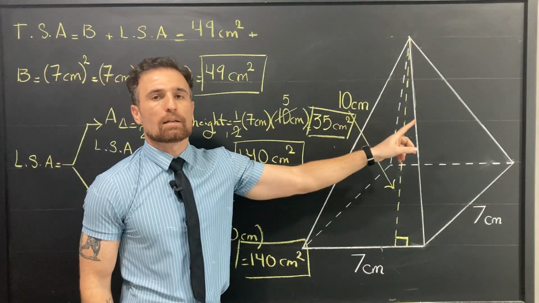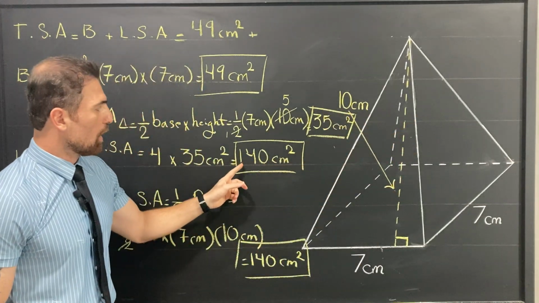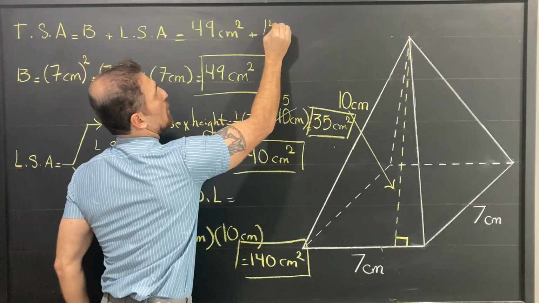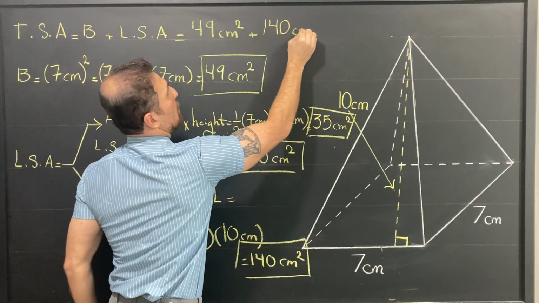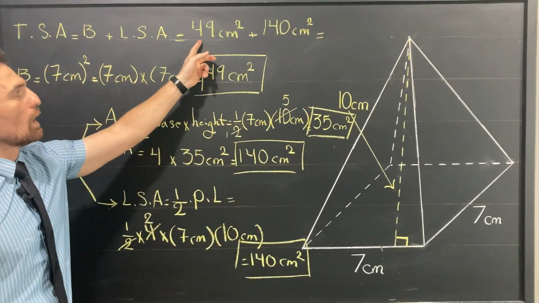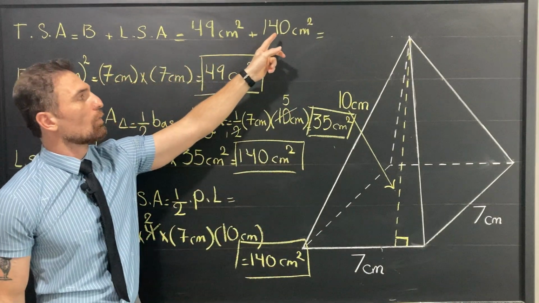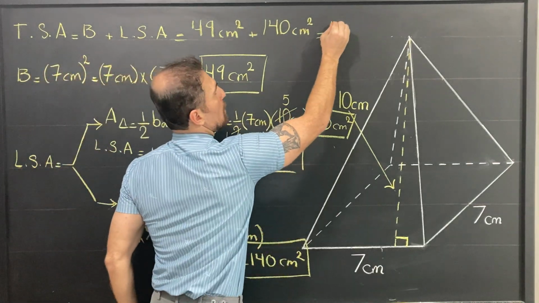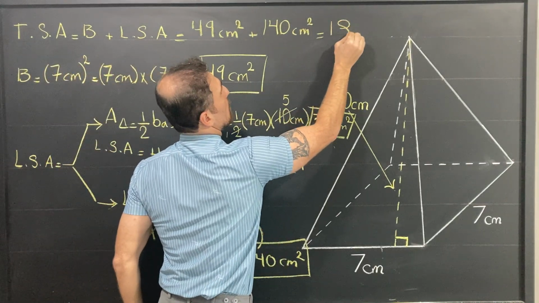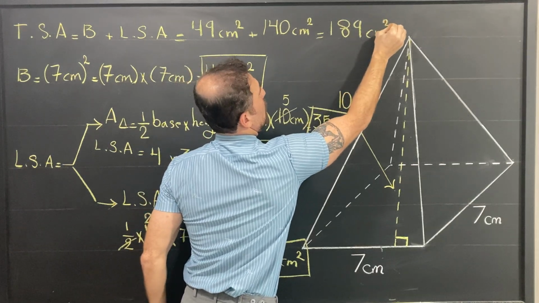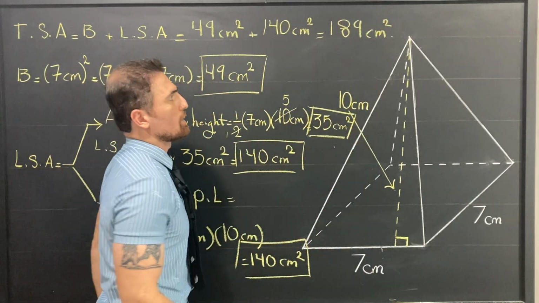The lateral surface area is 140. 49 square centimeters plus 140 square centimeters is the total, and this is the correct answer.